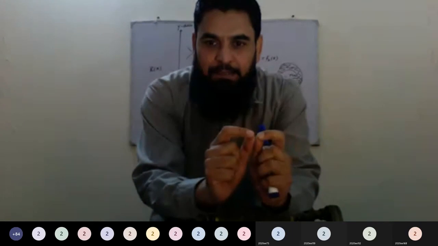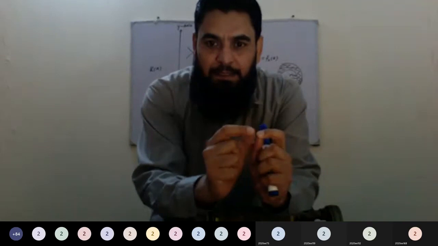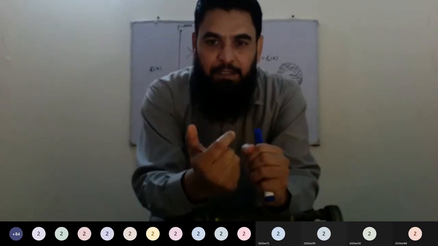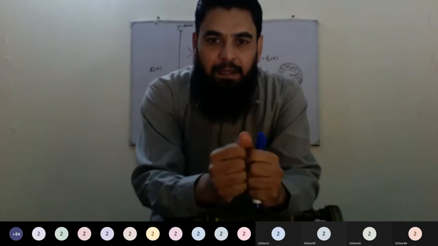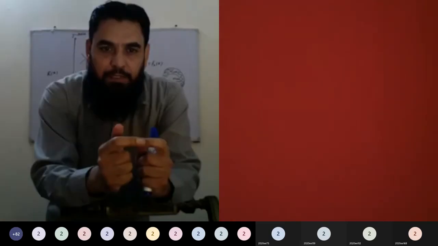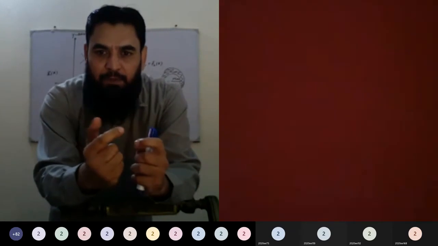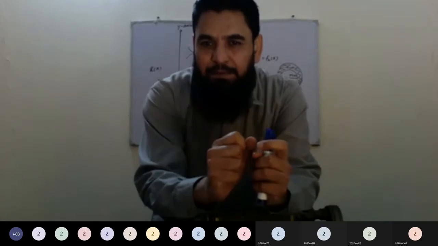So when the axis of rotation is a part of the solid, there won't be any gap. It will be a solid thing. So eventually it will be a disk. And when the axis of rotation is not a part of the solid generated by revolving a certain region about that axis, it means that there will be a gap.